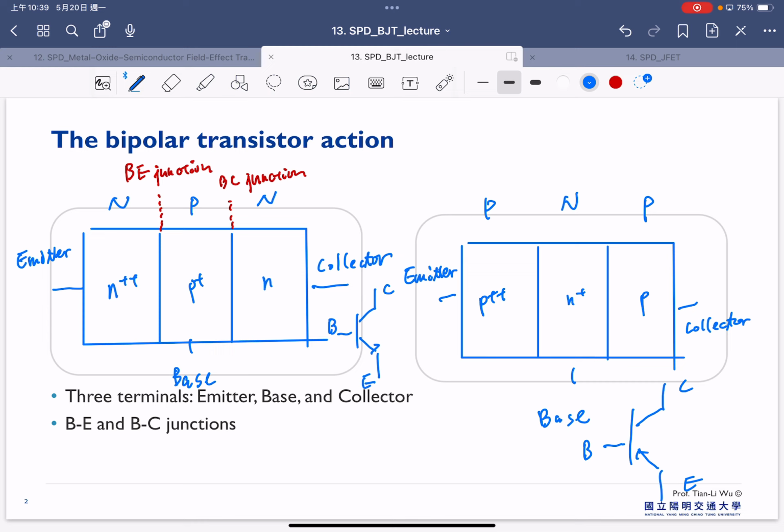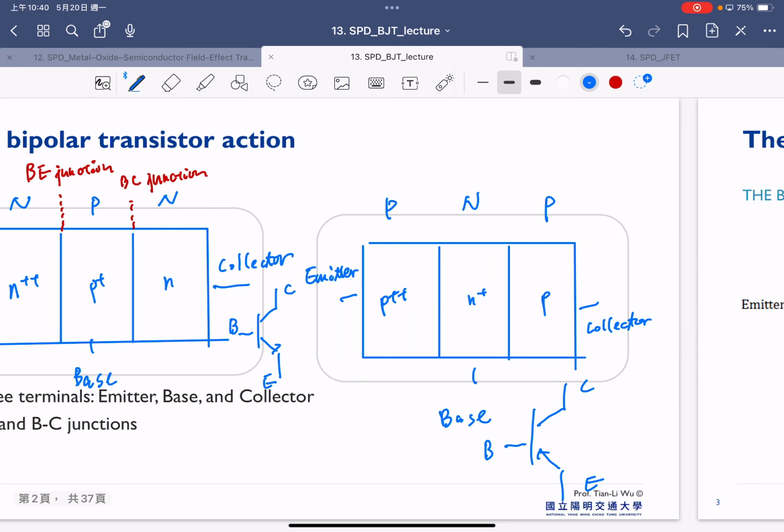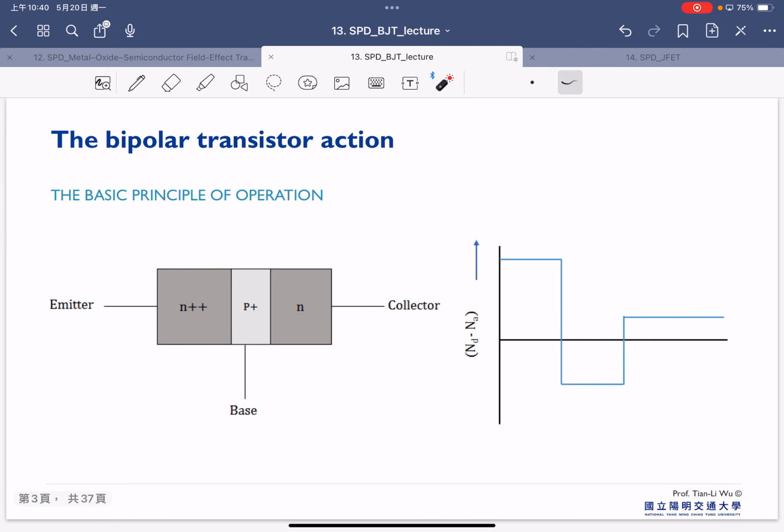The next slide just shows the realistic carrier doping. As I said here, we have N++, P+, and N, because the y-axis is ND minus NA.